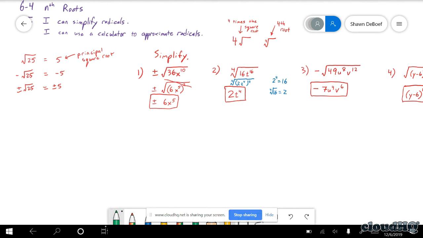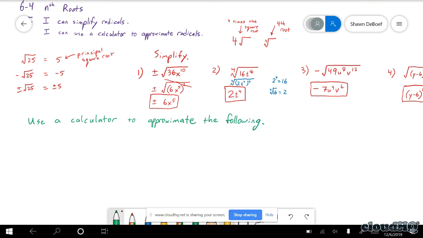So we use a calculator. Use a calculator to approximate the following.